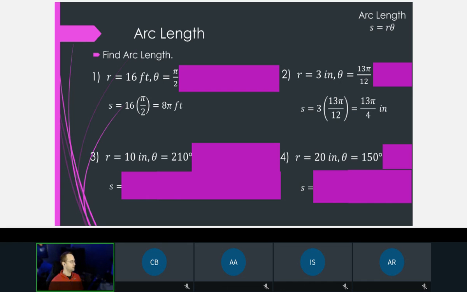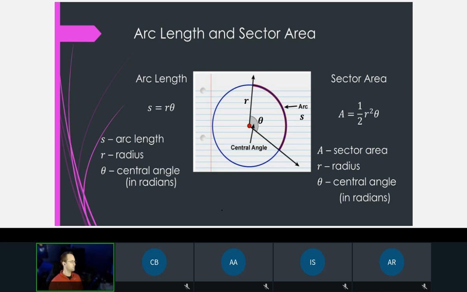All right. So on this previous page, if you notice, I did state it, I said your angle in radians. It doesn't say you can use degrees if you want to. No, it says in radians, which means you have to have it in radians. So if you're given degrees, you have to probably convert it to radians.